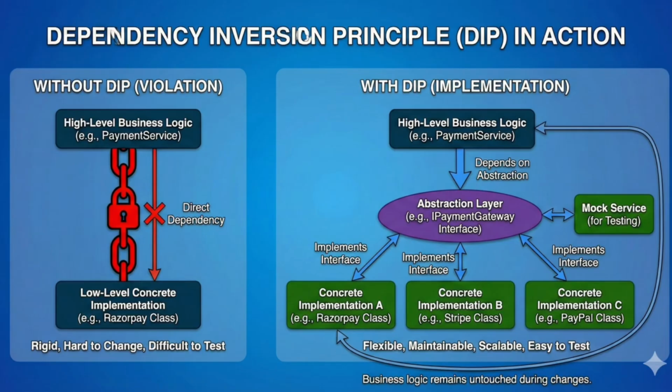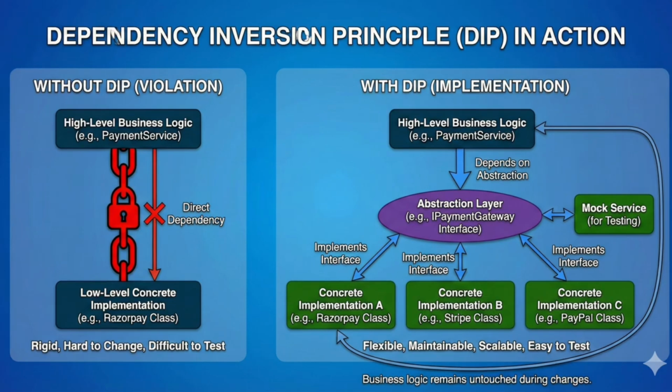Now, what happens if one day the company decides to replace Razorpay with Stripe? Or maybe they want to introduce PayPal support? Or they want to modify how EMI processing works. Every time such a change happens, developers are forced to modify the business logic again and again.